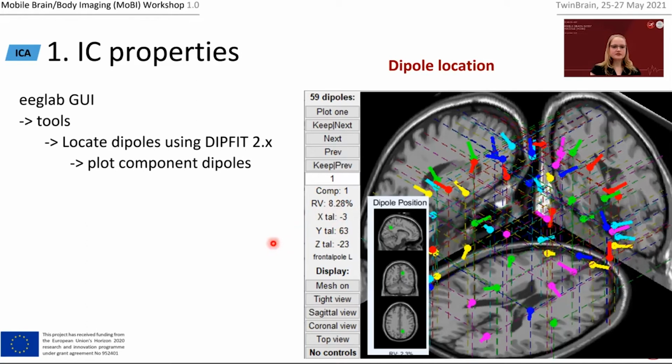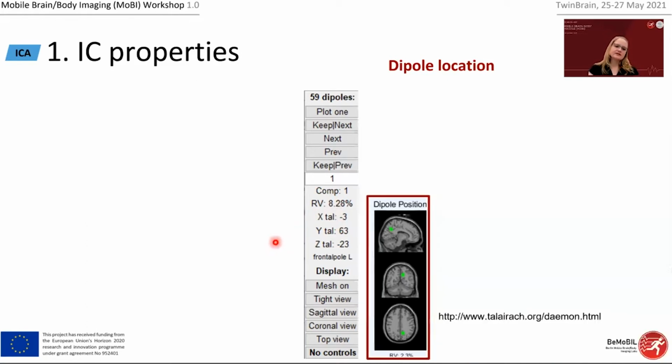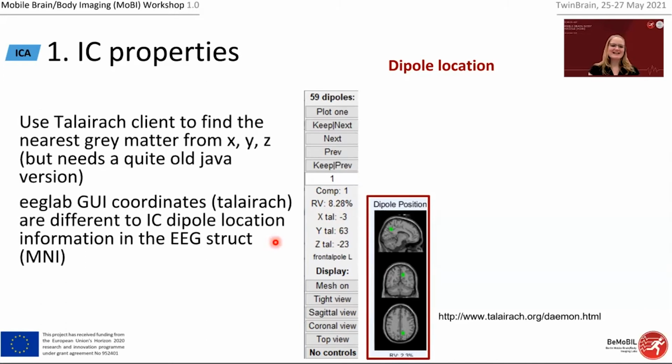You should take care that those are interlateral coordinates in the GUI, but actually in the EEG struct they're the MNI coordinates.